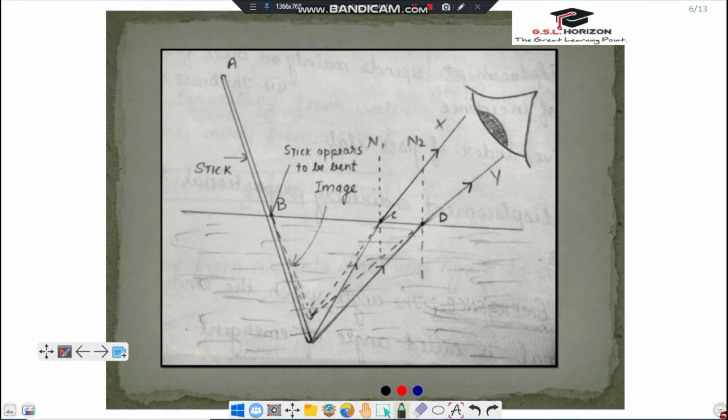These are the applications of refraction of light. This one is the stick, and as you can see on your screen, it appears to be bent. This is the actual one and this one is what we see.